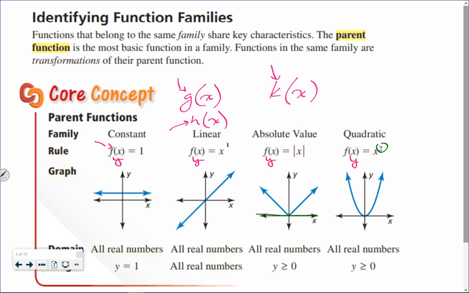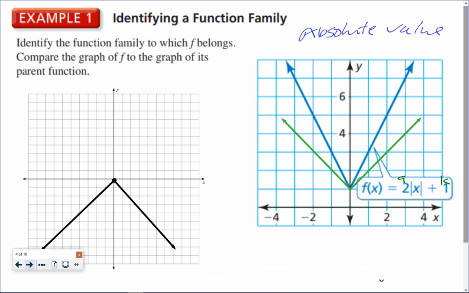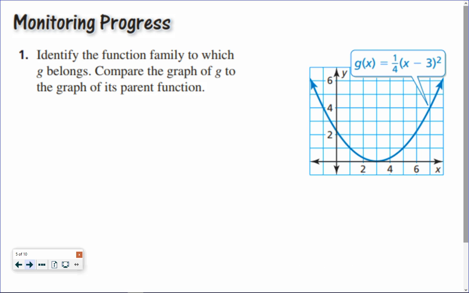So if it's got a power of 2, it's quadratic. Everybody understand me? If there's a minus A, what's it do? Minus A reflects it across the axis, right? Okay, so do that one on your own real quick.